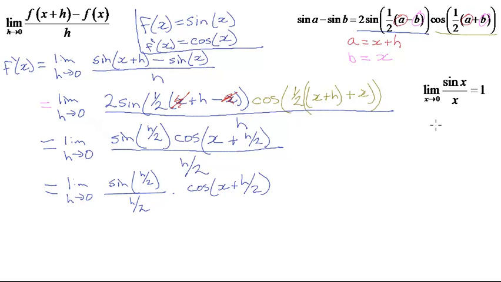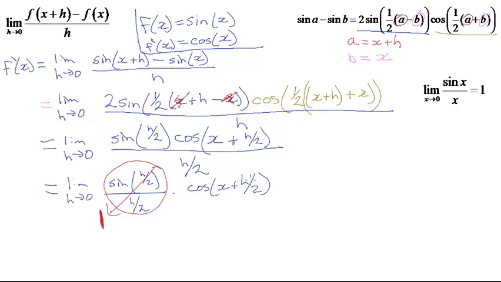We have the same situation. Here, if you put in 0, you get sine of 0 over 0. Here, if we put in 0, we'd end up with sine of 0 over 0. So this formula applies to this situation. What that tells us is that this part of the limit goes to 1, which is what this says here.